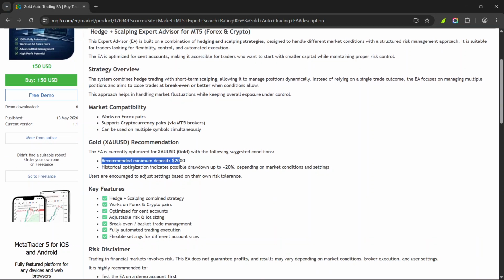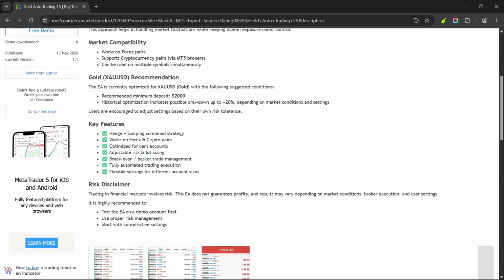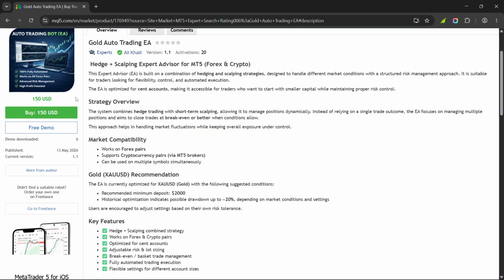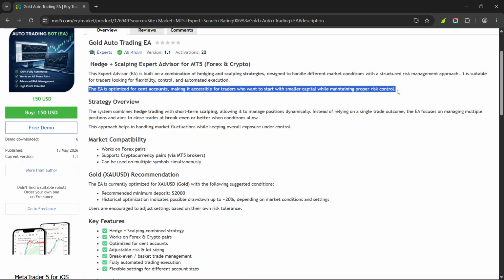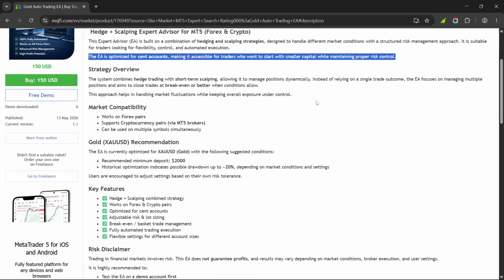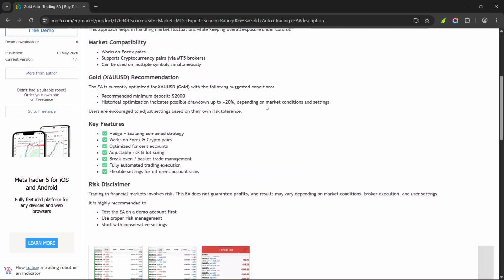The historical optimization shows possible drawdowns up to around 20% depending on settings and market conditions. The developer emphasizes that it's optimized for cent accounts, making it accessible if you are starting smaller while still trying to keep risk under control. There are no crazy promises of millions overnight, which is refreshing, but they do highlight the flexibility and automated execution.